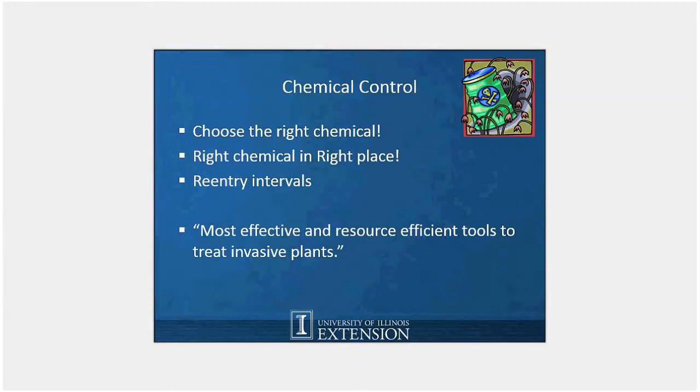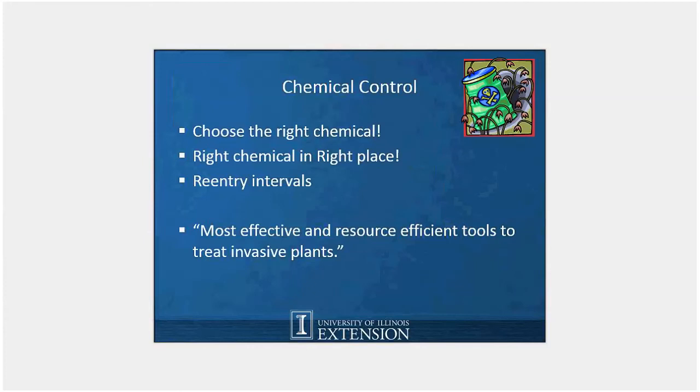We'll cover a few examples of chemicals that are used in these types of control situations, and I'll try to cover a few tips that I've learned along the way as well. We'll talk a little bit also about some safety concerns when using chemicals.